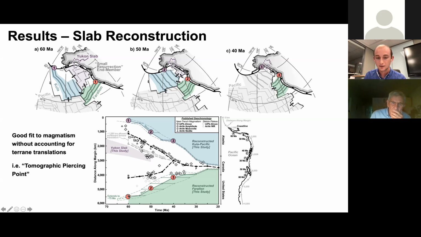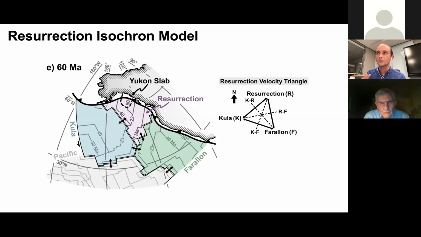So we can't place this dashed black line further south than our green reconstructed area here, because then that mid-ocean ridge would cross-cut the coherent slab that we were able to restore based on the record of subduction imaged through mantle tomography.